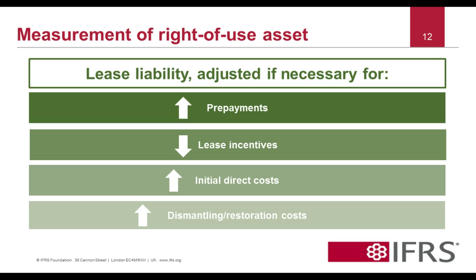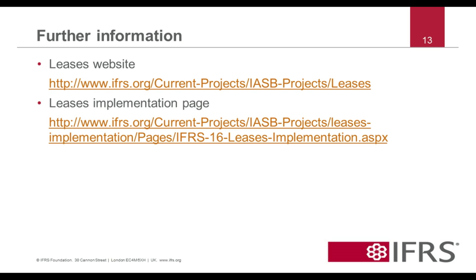Therefore, where such an obligation exists, those costs are also added to the right-of-use asset. It's also important here to note that, similarly to IAS 16 accounting for property, plant and equipment, the inclusion of these restoration costs within the cost of the right-of-use asset is dictated by the accounting for the corresponding restoration obligation applying IAS 37.